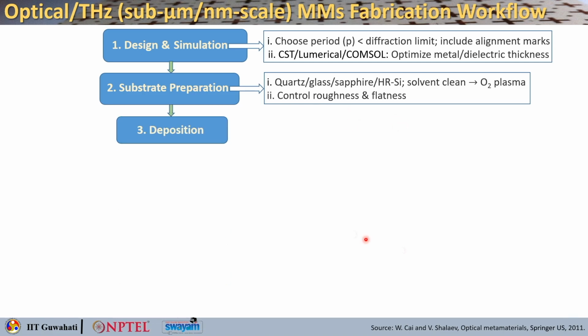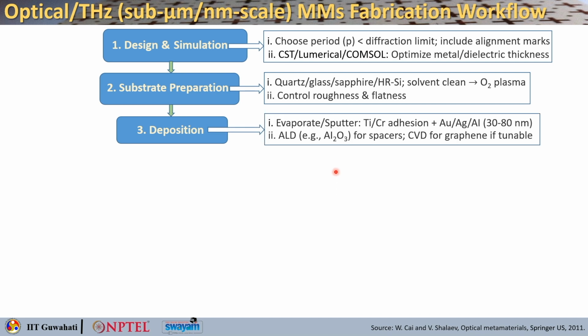substrate. And then, once the substrate is ready, you can go for the deposition. So, you can deposit thin layers, like 30 to 80 nanometer of metal, such as gold, silver, aluminum, using evaporation or sputtering techniques. A thin adhesion layer, typically titanium or chromium, is placed underneath so that the metal sticks well.